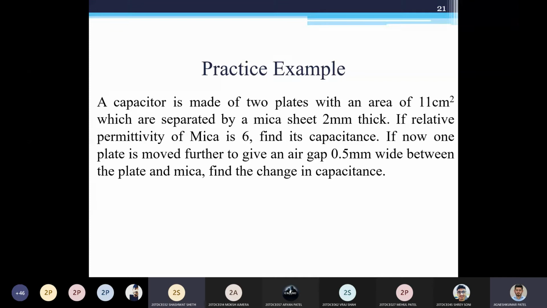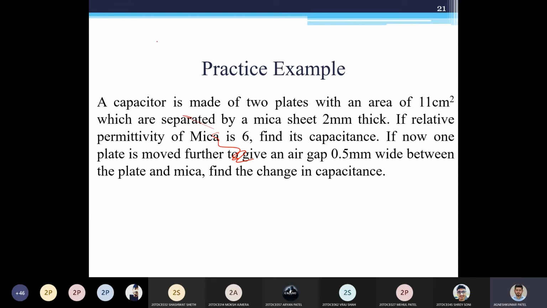Sir, distance between the plates. This is already given. See here, the question itself explains everything. A capacitor is made of two plates with an area of 11 centimeters square.